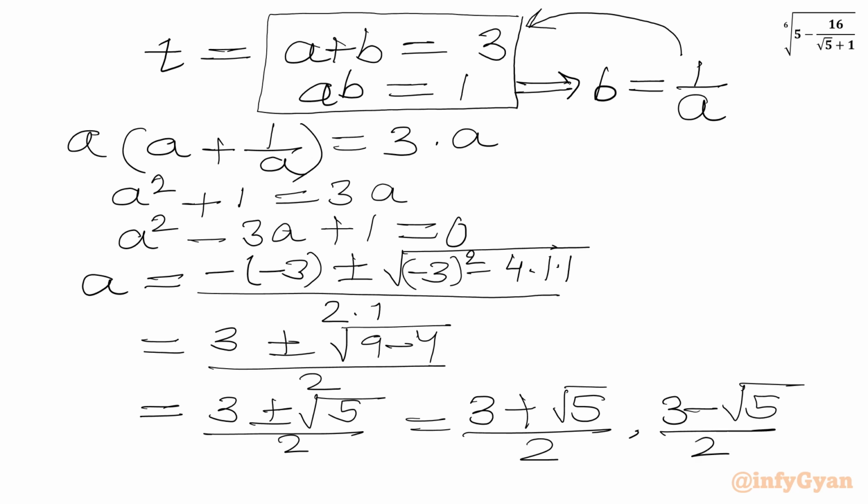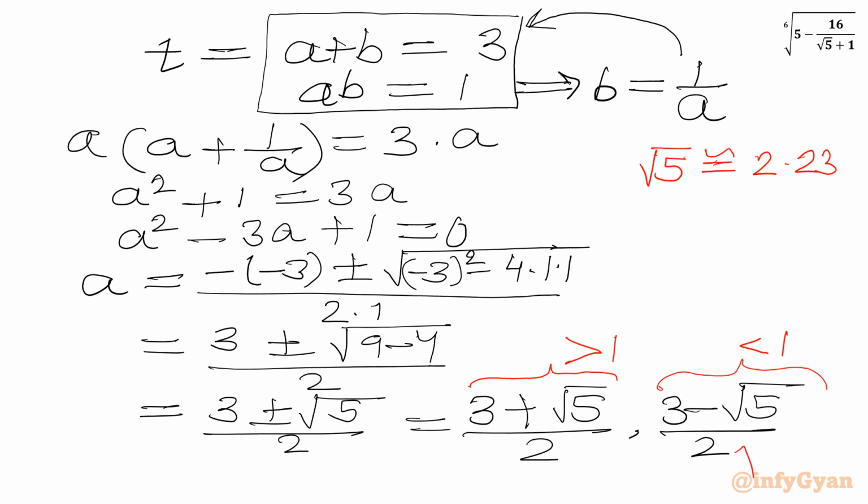Now we know the value of square root 5. It is approximately 2.23. Approximate value. So if I check, this will be 5.23 over 2, and the value will be greater than 1. And here 3 minus 2.23, this will be our value in between 0 and 1. So I will accept this one, and this solution we will reject. So our denominator is 3 minus square root 5 over 2.